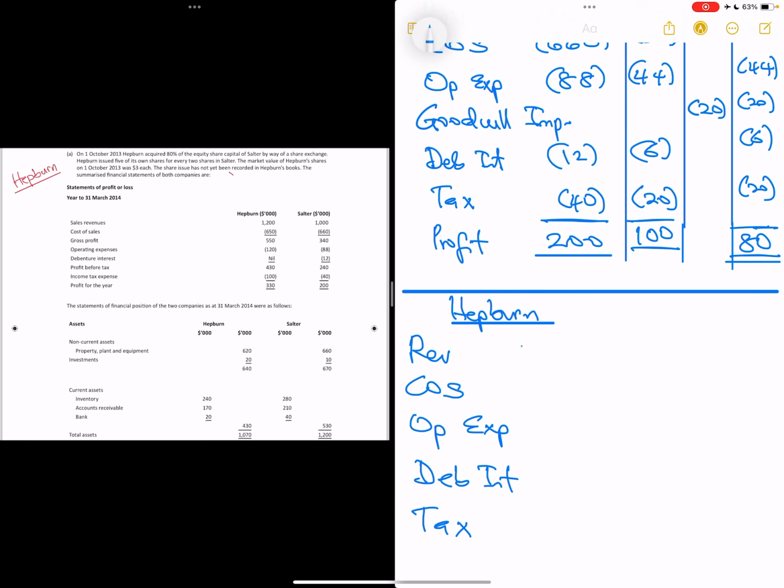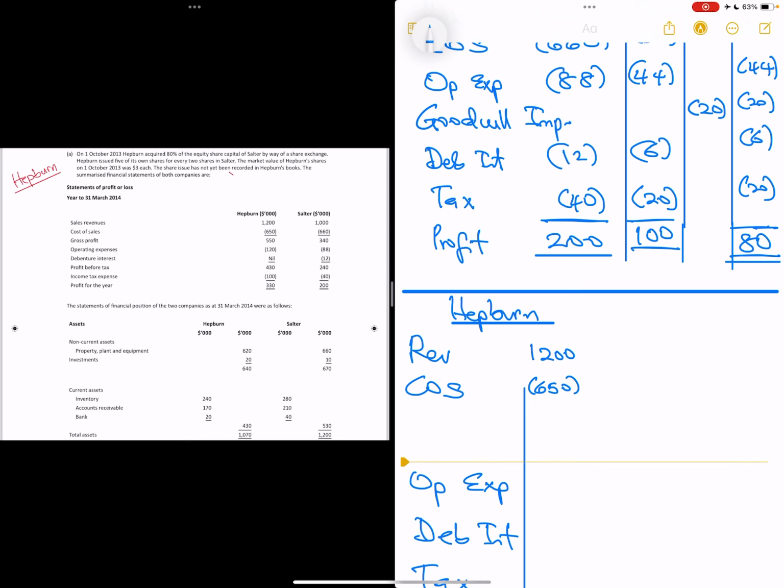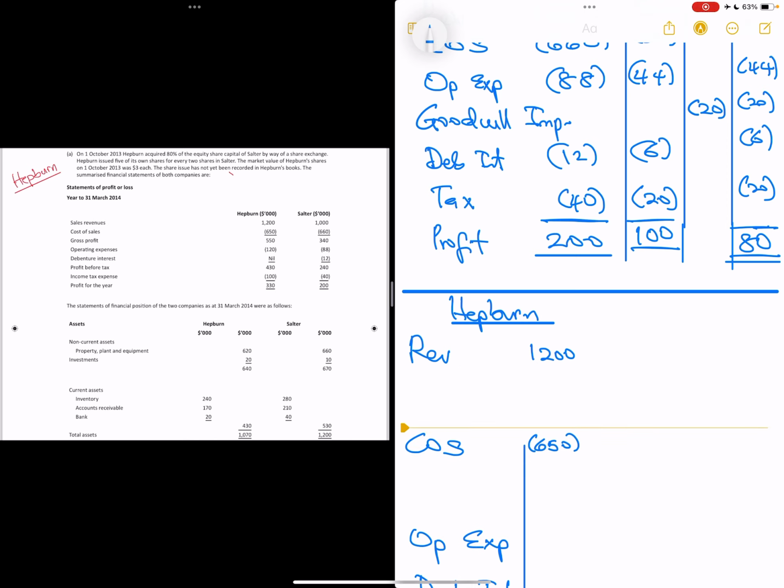That is originally, we have 1,200. We have 650. I'm going to leave space here because of those adjustments that we'll have to make. So yeah, just leave some space there.